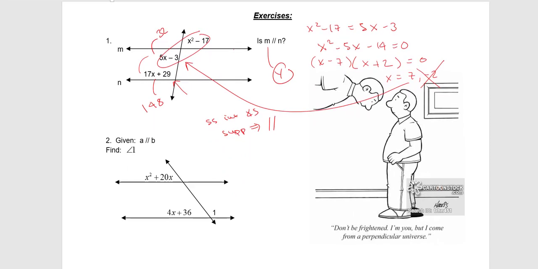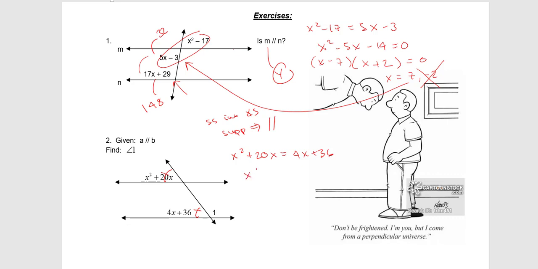The next one here, I'm given that these are parallel, so I can say that these are congruent to each other because those are corresponding angles. So now I can say that x squared plus 20x is equal to 4x plus 36.